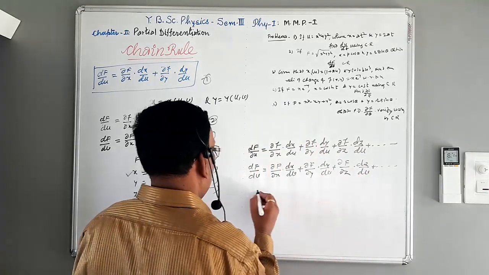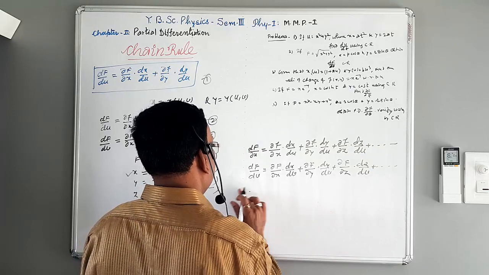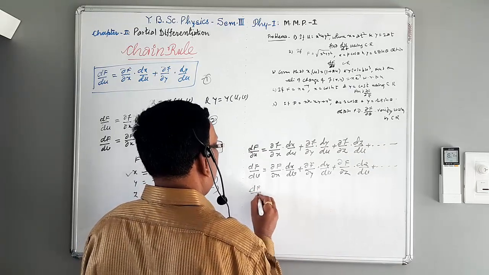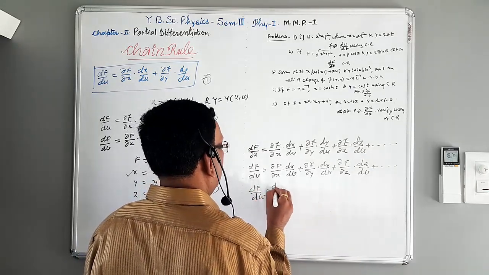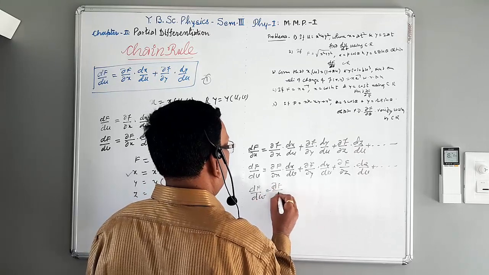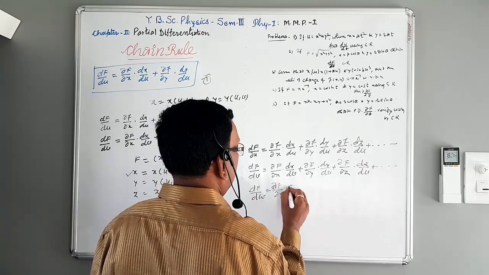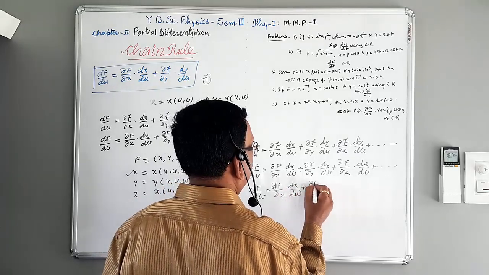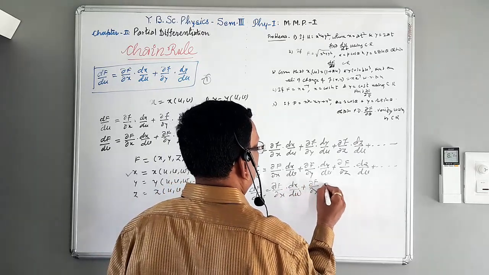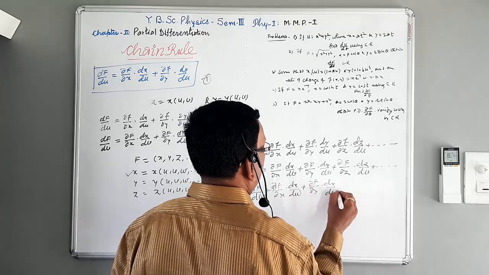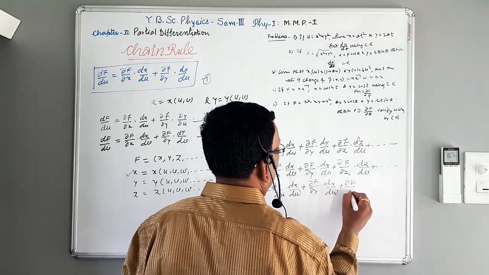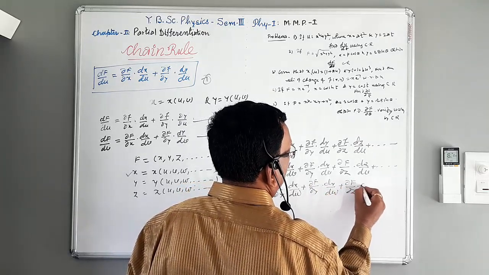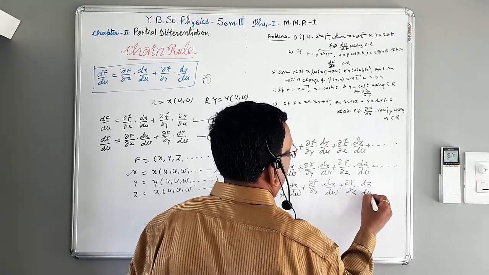And last, df by dw is equal to del f by del x into dx by dw plus del f by del y into dy by dw plus del f by del z into dz by dw.